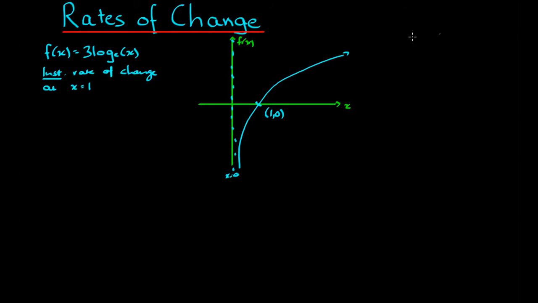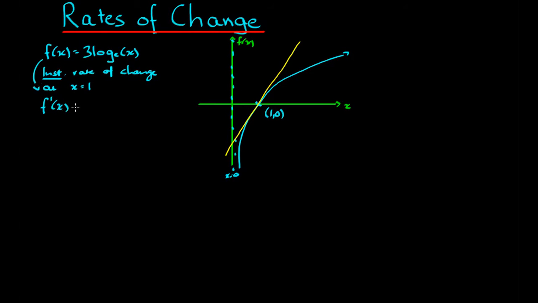So all we have to do is go to the curve, find the point I'm looking for, which is 1, 0, and draw a tangent to that point. The gradient of that line is the instantaneous rate of change at the point. The way we find the gradient of a tangent is we take the derivative function.